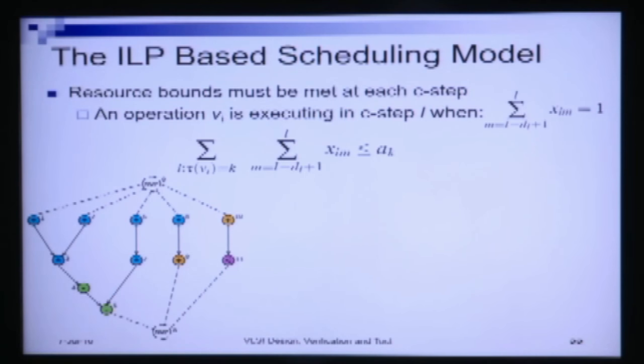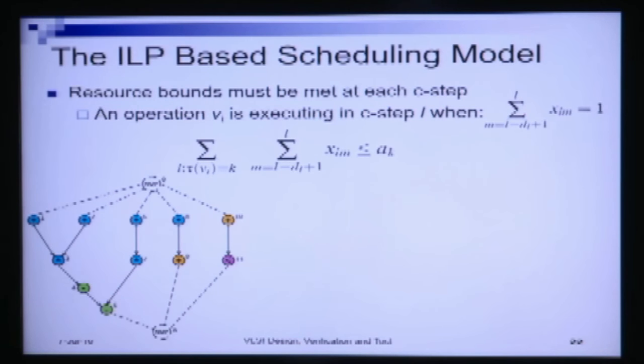An operation vi is executing in C step l. When is it executing in a certain C step or the current time step l? When the operation has started at most di time steps earlier. So, if di is the propagation delay of the ith operation, and this ith operation is executing at the current time step, it must have started at most di time steps earlier. It cannot start earlier than this.